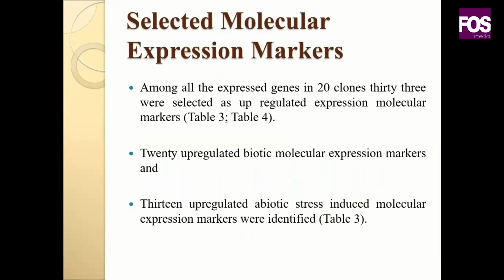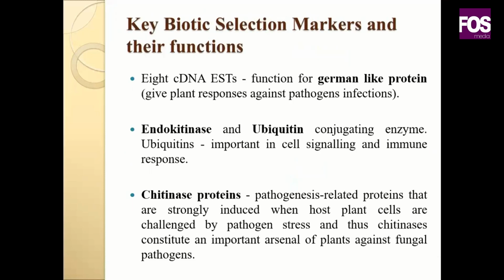Based on the selected expressed sequence tags, molecular expression markers were developed. Among all these expressed genes in 20 clones, 33 were selected as upregulated expression molecular markers: 20 upregulated biotic molecular expression markers and 13 upregulated abiotic stress-induced molecular expression markers were selected for the analysis.